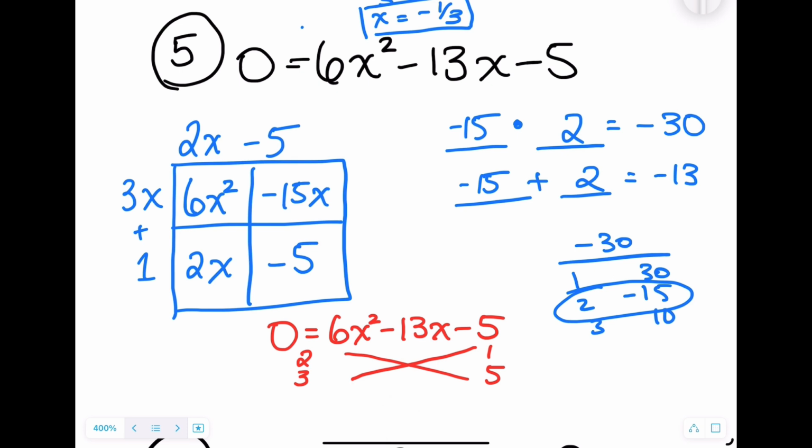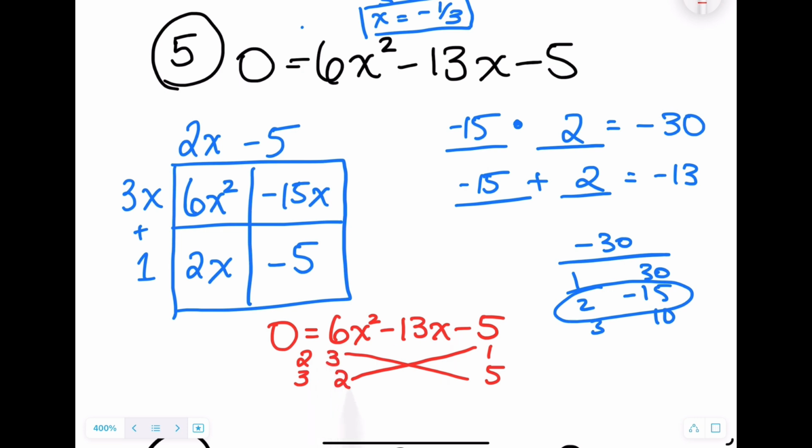Now let's check what would happen if we had 2 times 5, that's 10, and 3 times 1. Again, just like we saw over here, 10 and 3 could work if we were subtracting and both values were negative, but in this case, this won't work, just because one of them has to be negative, not both.